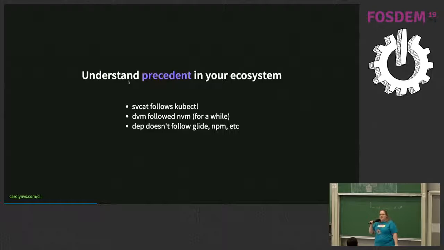Doesn't work at all like glide. Why'd you do that? It's because it doesn't work at all like glide under the hood. We didn't want people to assume that and think it. So we went out of our way to make sure that if you use the command line tool, we didn't accidentally encourage these biases of going, oh yeah, it should probably work like glide. All the commands are the same. Nope. So we went out of our way to make sure that we didn't use the same verbs and nouns and flags and things like that.